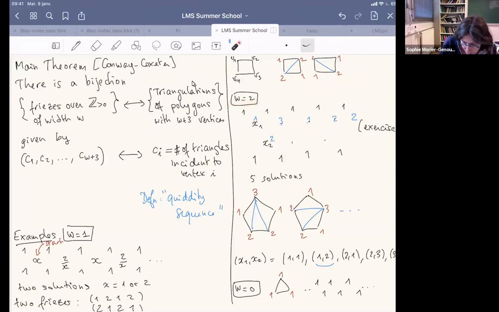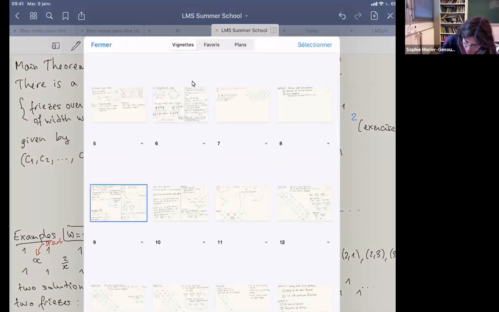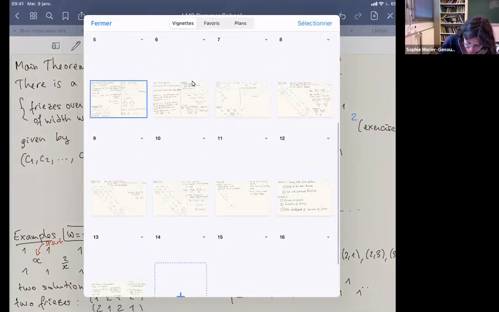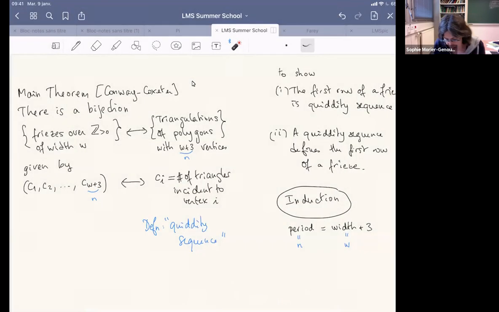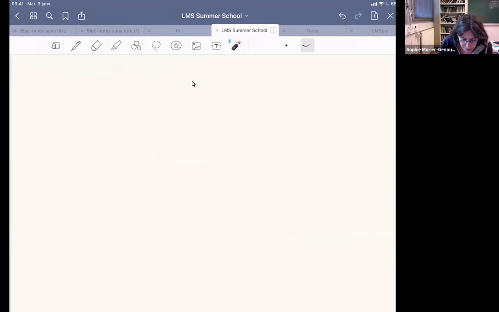So the first step of the induction is okay from here. And now we need an induction step. So we need to understand how to go from some n to n plus 1, or to go from n plus 1 to n. The idea is quite simple when you look at a triangulation.